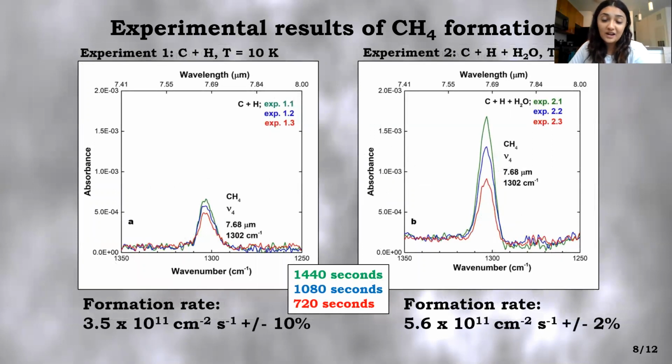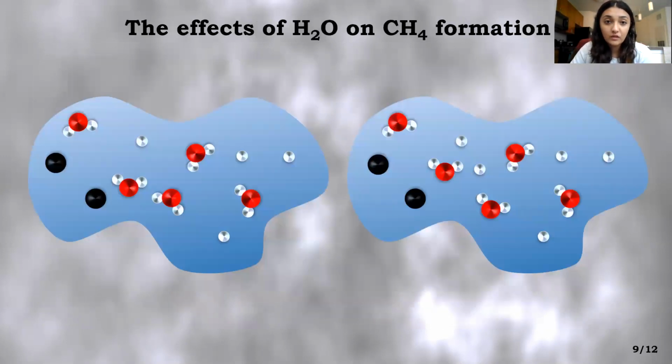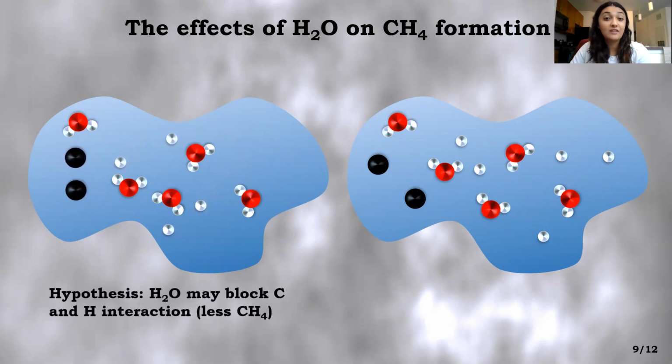So it's quite clear that in the water-rich ice experiment, more methane is actually formed. Under our experimental conditions, the rate of formation was about twice as high compared to the experiment without water. One of the concerns that we had was whether water would block C and H from meeting each other in the ice.